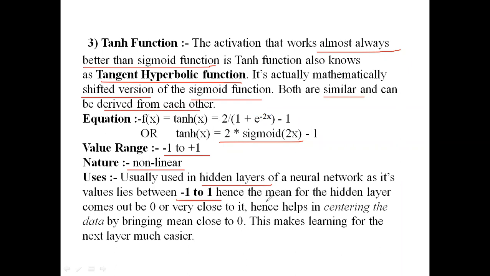Hence, the mean for the hidden layer comes out to be 0 or very close to 0. If you calculate the mean value of multiple outputs of this activation function, you may get a result that is either 0 or very near to 0. This is about the tan function.